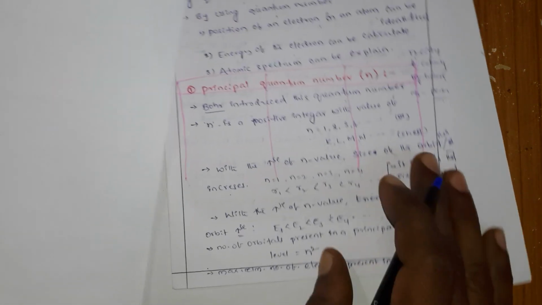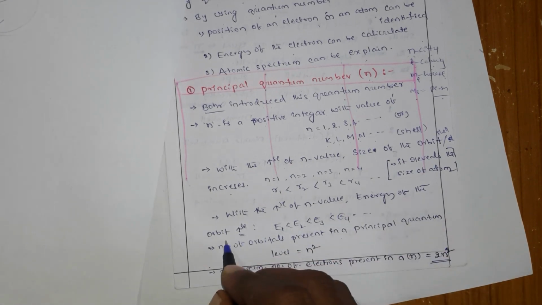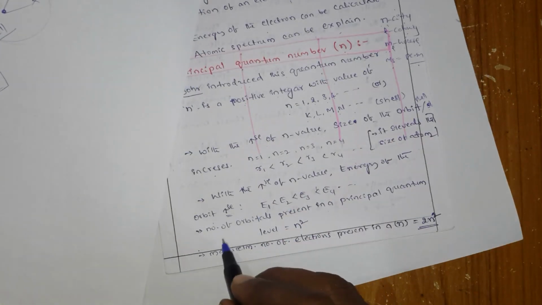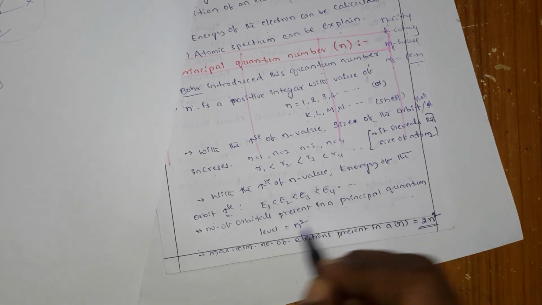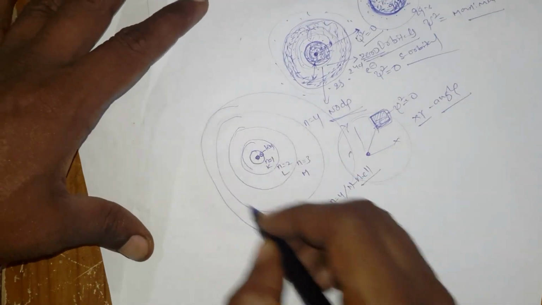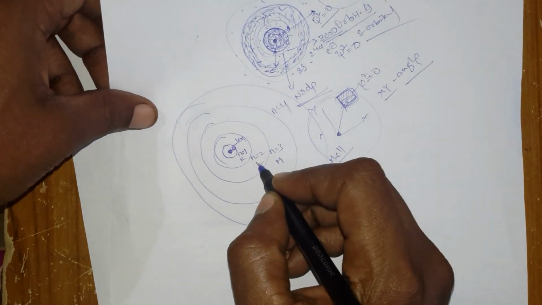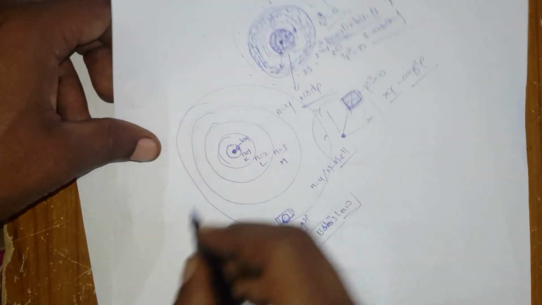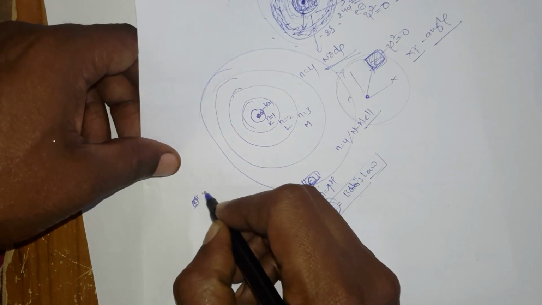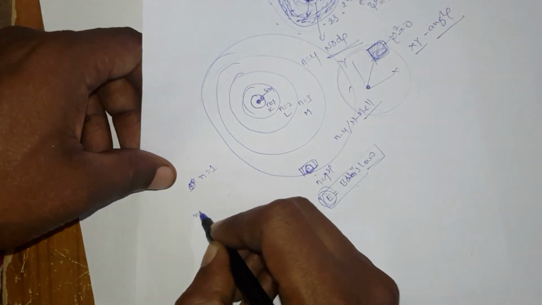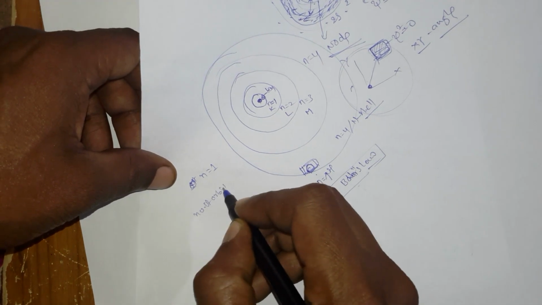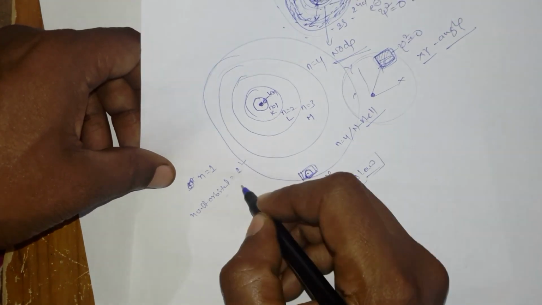With increasing n value, the energy of the orbit increases, and the number of orbitals present in a principal quantum level is n square. That means on every shell the maximum number of orbitals present is equal to n square. If n is equal to 1, the maximum number of orbitals is equal to 1 square, that is n square.